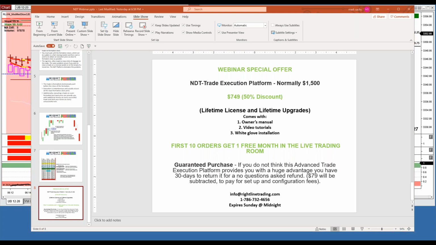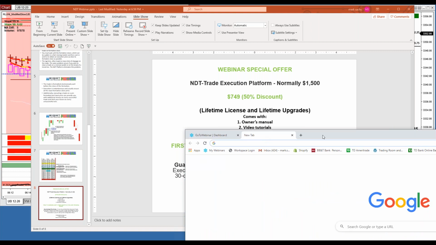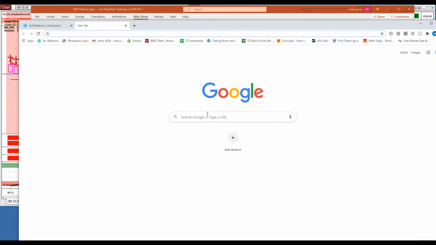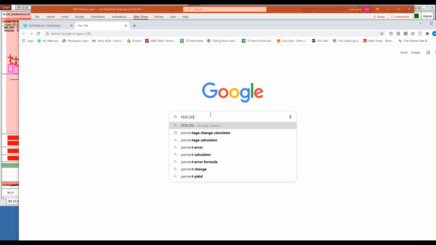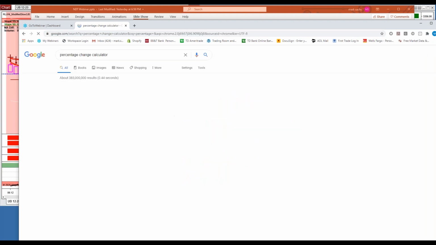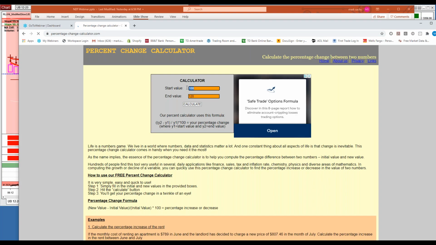Where's my Google here? It's down here somewhere. Let me just put up a new tool here. If you calculate percentage change calculator, so your starting value is 2,000.